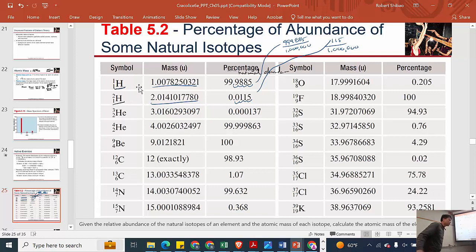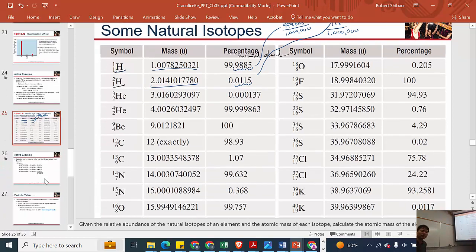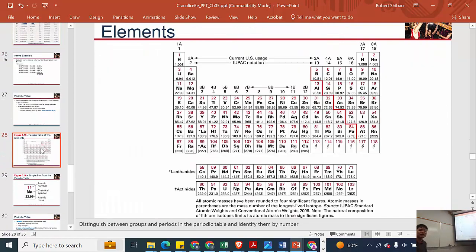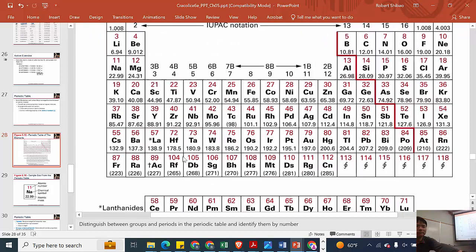And so if I were to average it, would the average mass be closer to 1, or would the average mass be closer to 2? It would be much closer to 1. In fact, the weighted average mass is what's given on the periodic table. And so when I take a look at the periodic table here, I see some numbers.